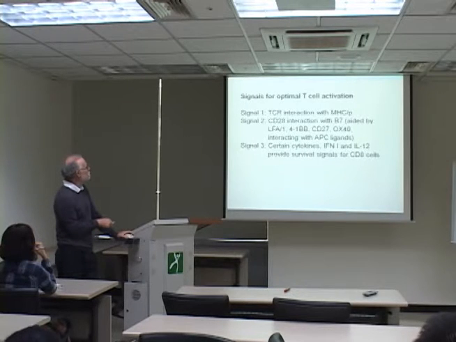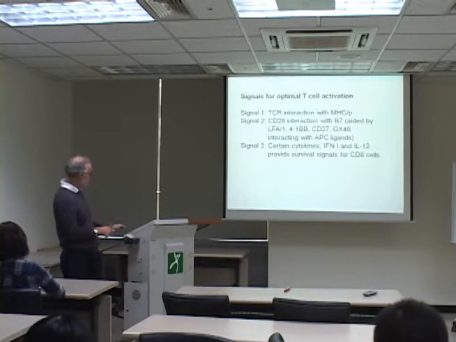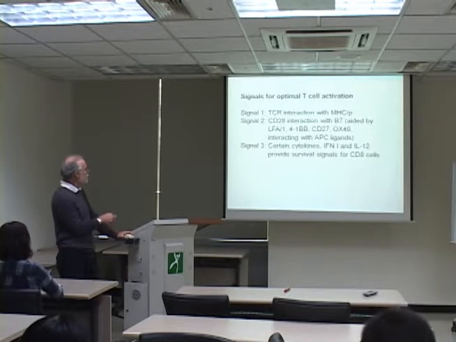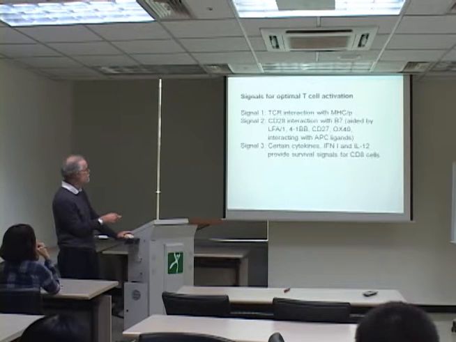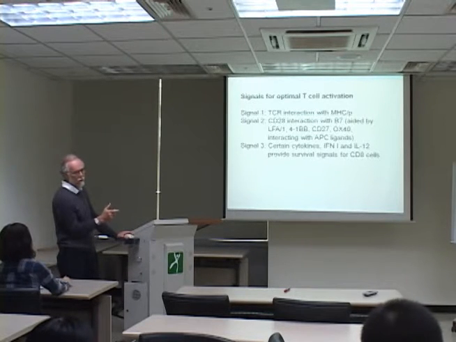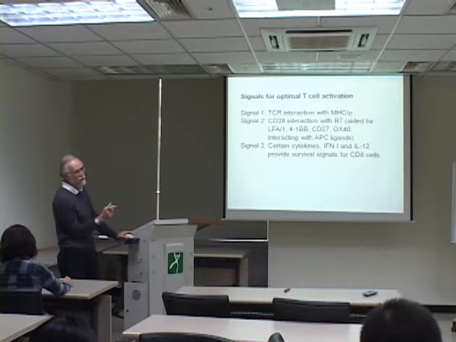Okay, so optimally, the signals needed for T-cell activation. Signal 1 is TCR interaction with MHC and peptide, and by itself that doesn't seem to do very much that you can detect. Signal 2 is CD28 interaction with B7. But there are a whole series of other molecules that provide co-stimulation or adhesive function.